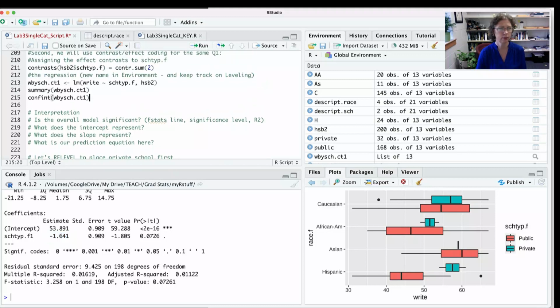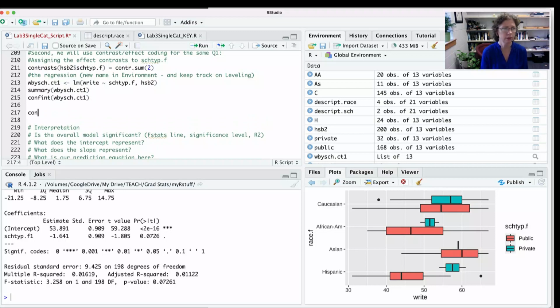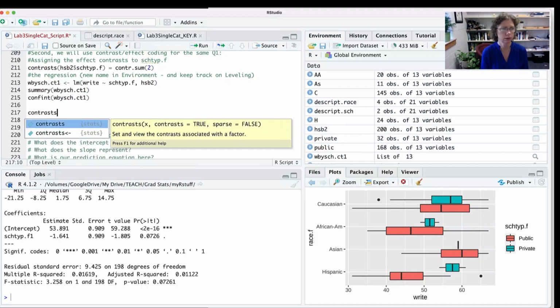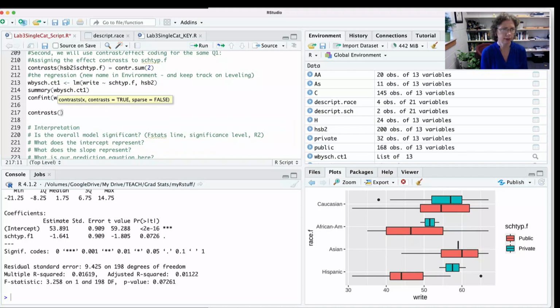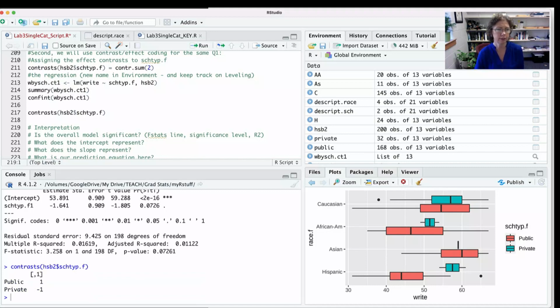We can look at the contrast of that variable and find out how R has it right now.